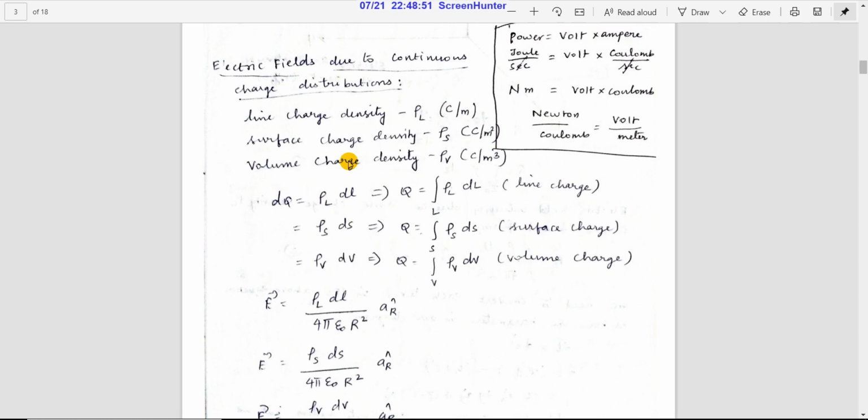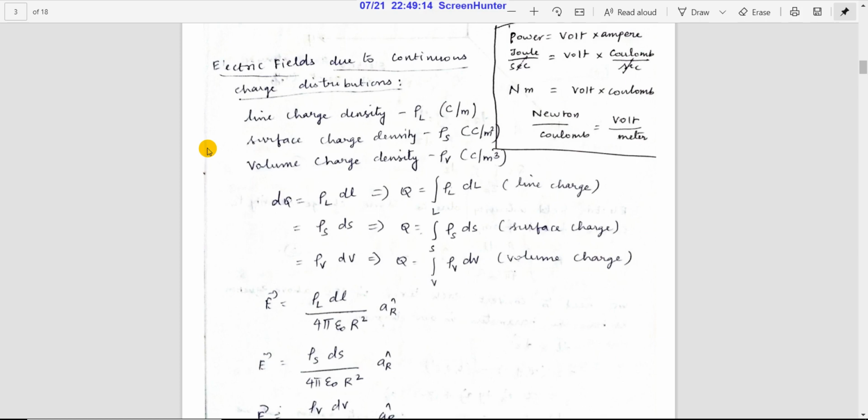In these definitions we have seen that the charges are point charges. A point charge means a cluster of charges stored in the head of a pin.